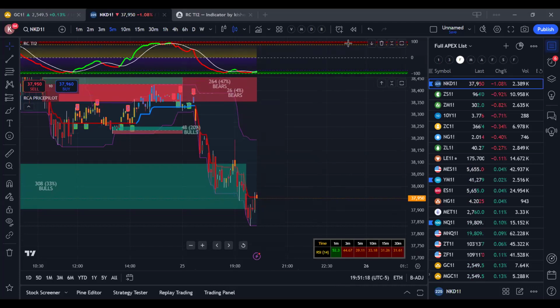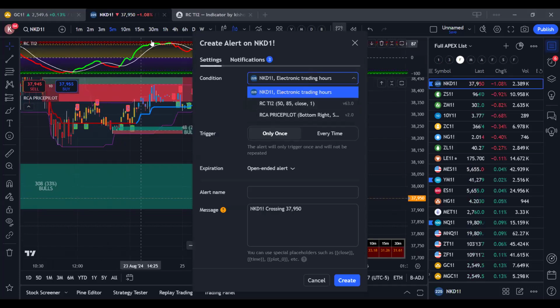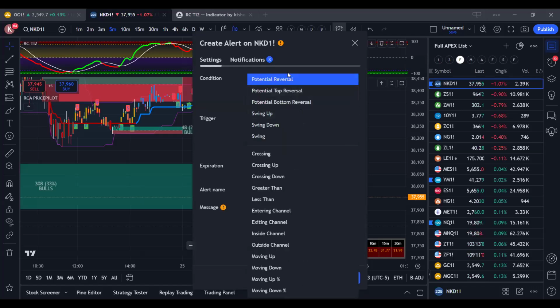And you can create alerts on these indicators. For example, whenever it goes to the bottom or whenever it goes to the top, you can create an indicator for a potential reversal. Whenever it comes to the bottom or top, you will receive an alert saying this NKD reached the top, or NKD reached the bottom.